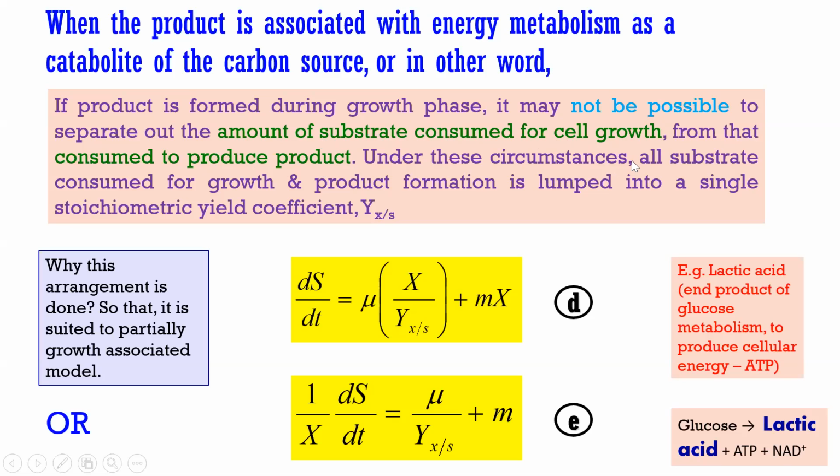Under these circumstances, all substrate consumed for growth and product is lumped into a single stoichiometric yield coefficient, which is the biomass coefficient. So that's why you only include this biomass coefficient.